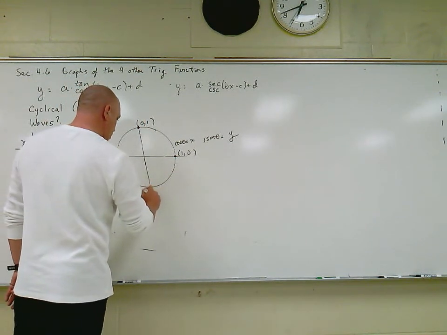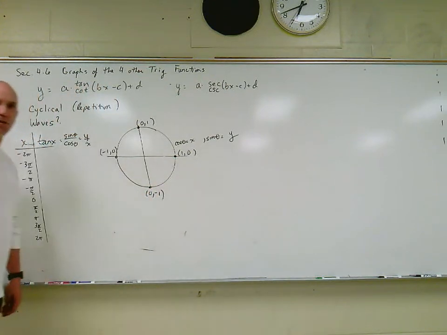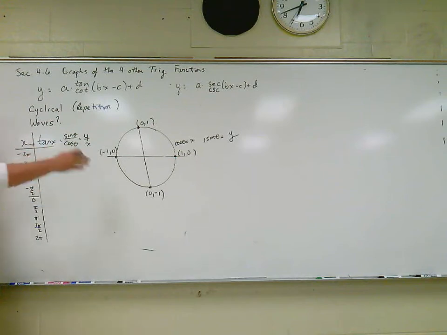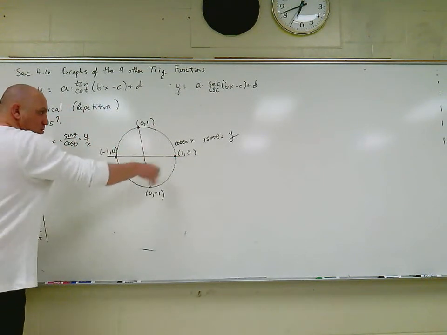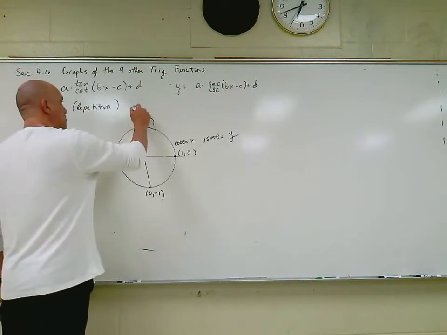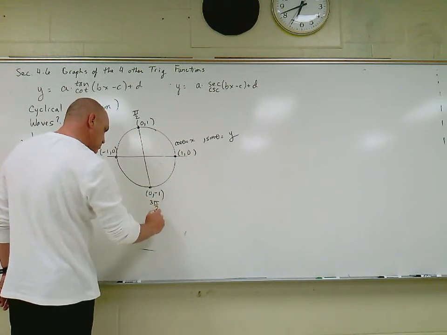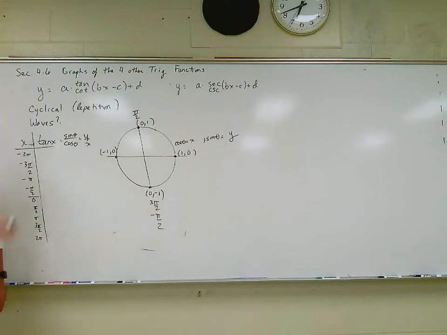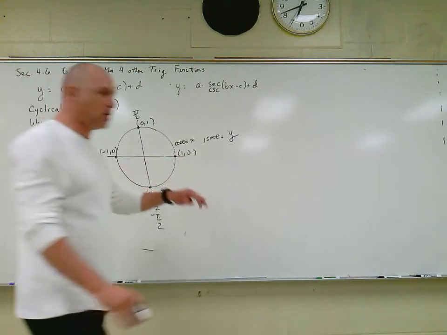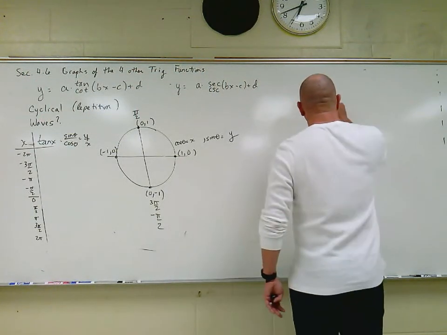And go ahead and do y over x, and you should be able to get each one. I usually start at 0 and go counterclockwise, and then I go this way and go clockwise. So for instance, this is pi over 2, but this is 3 pi over 2. This is also negative pi over 2. Okay. All right, go ahead and get that, and then we're going to plot this on the xy plane over here.